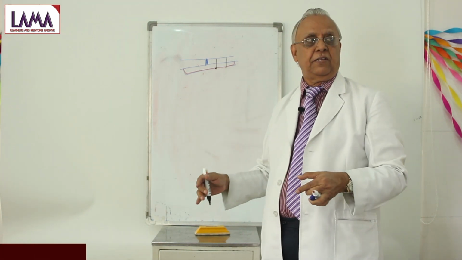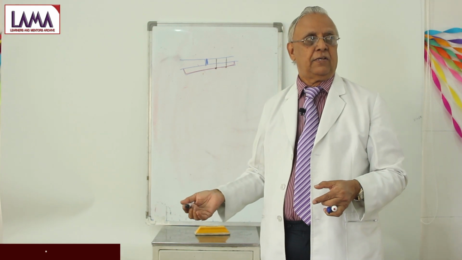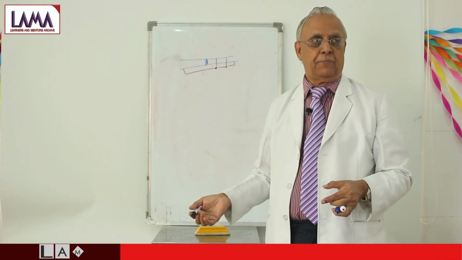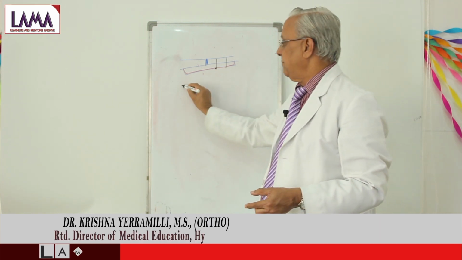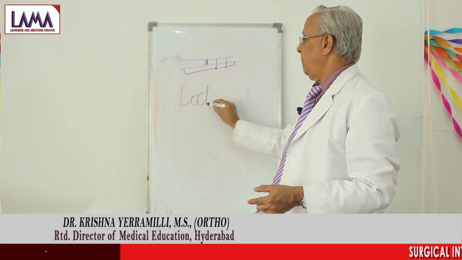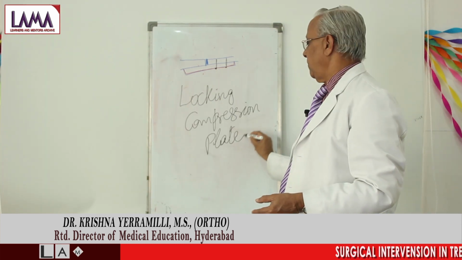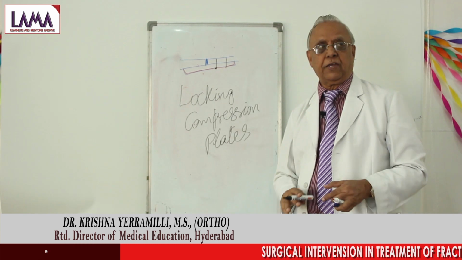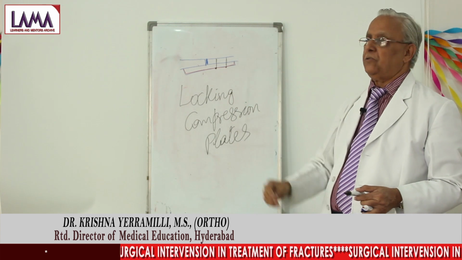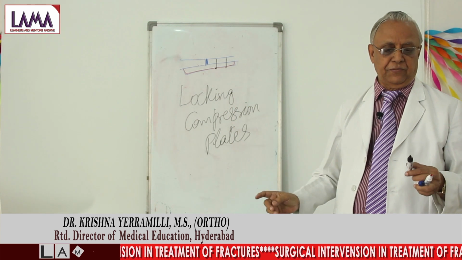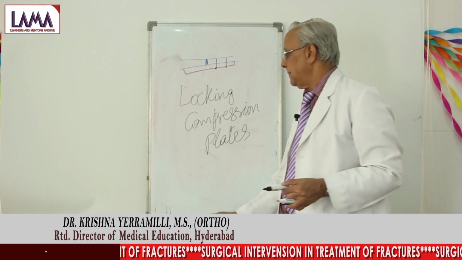These are all advances that have taken place of late. Now we are making use of those known as locking compression plates. The idea is this, we won't allow the screws to migrate. That is the main purpose of the locking compression plate.